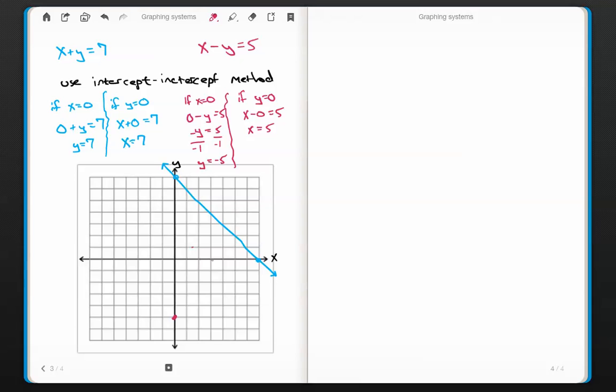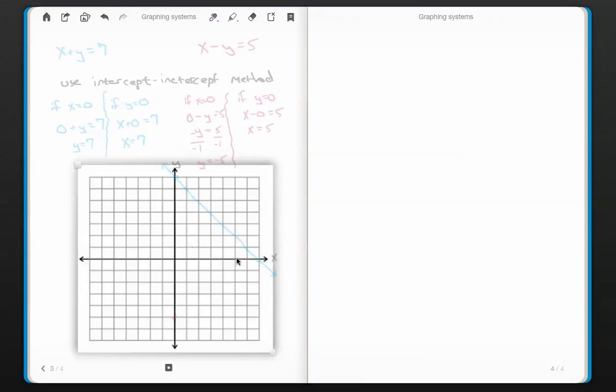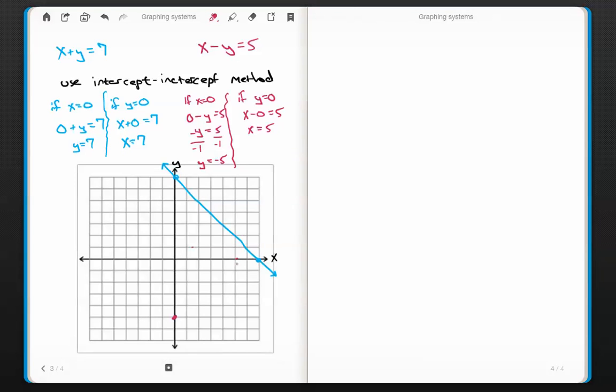So 1, 2, 3, 4, 5, like this. Yep. So that goes like that. And then again, we can draw a line that tries to go through both points. I got to draw this very carefully with my tablet. And this red line is a picture of all the points that make this work.